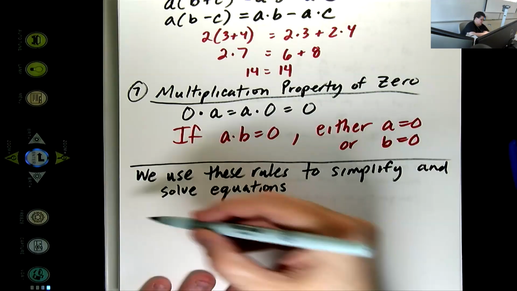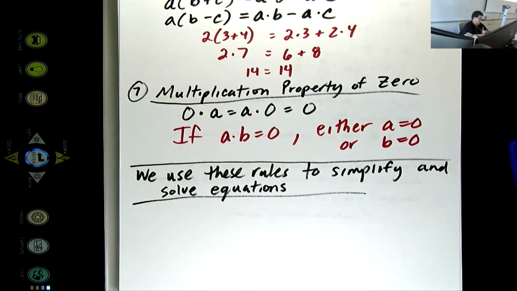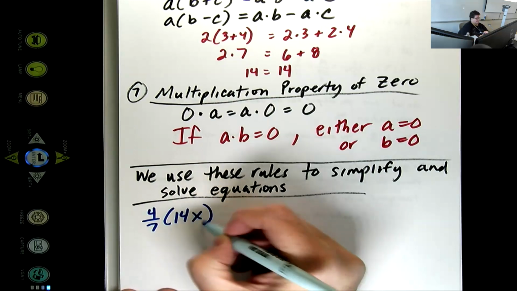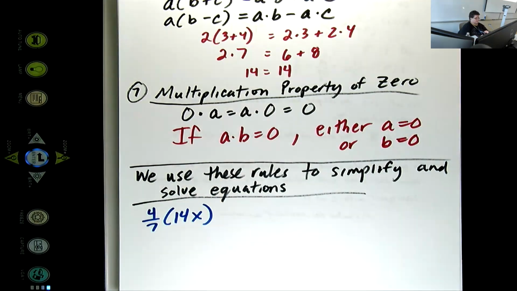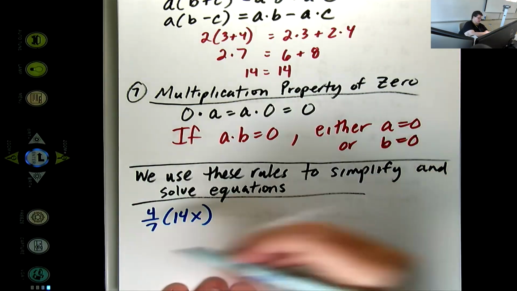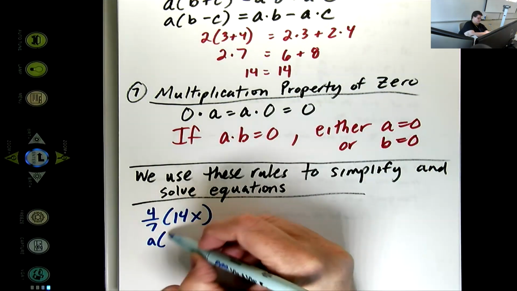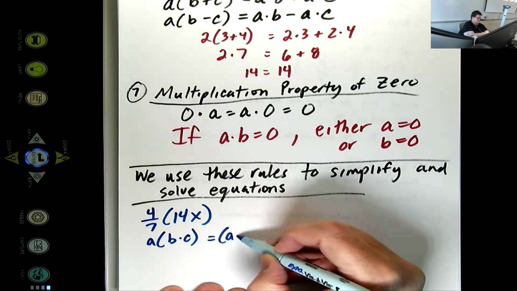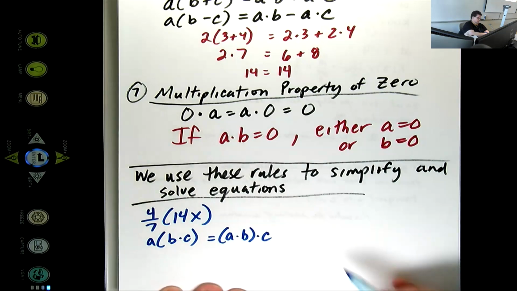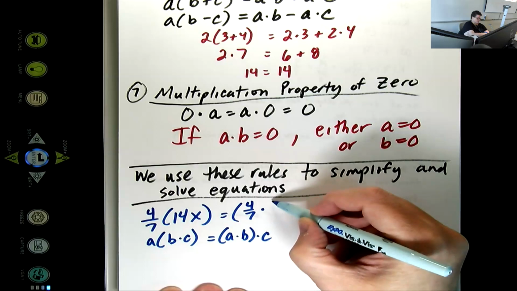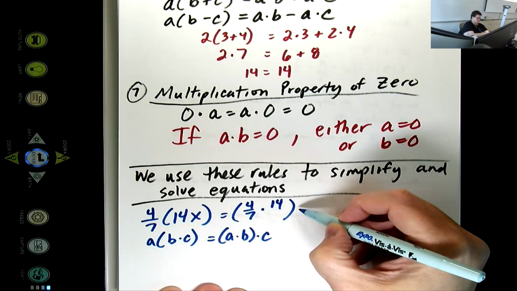One example of simplifying. Let's say we start off with 4/7 times 14x. The way it looks right now is like A times B times C. And instead, we can do A times B first and then times C. So I can rewrite this as 4/7 times 14, and the x is on the outside.